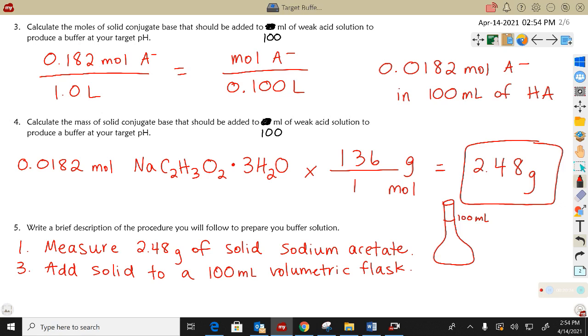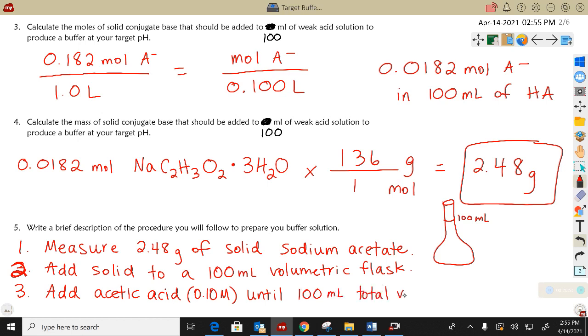Alrighty, then, whoops, I wrote a 3 here. Hello, that was step 2. Step 3. Now I'm going to add acetic acid, which will be 0.1 molar until I hit 100 milliliters total volume.